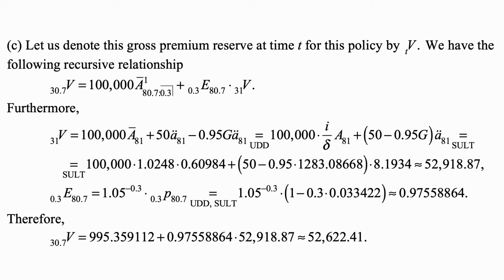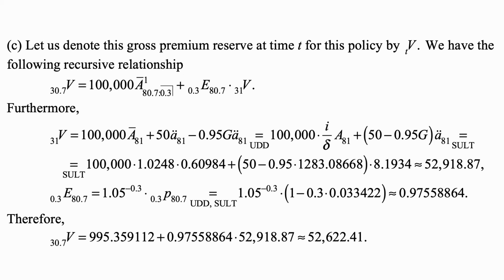And 31V is 100,000 A bar 81 plus 50 A double dot 81, that's the expenses, minus 0.95G, that's premium available after expenses, A double dot 81. Under uniform distribution of deaths, we write this as 100,000 times i over delta A 81 plus 50 minus 0.95G times A double dot 81.